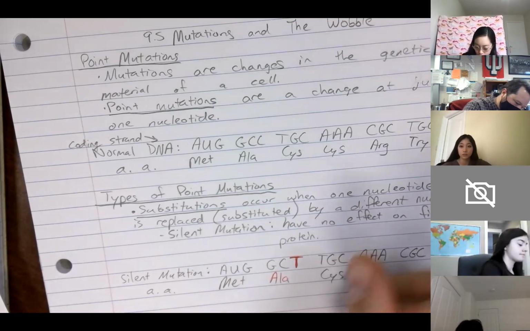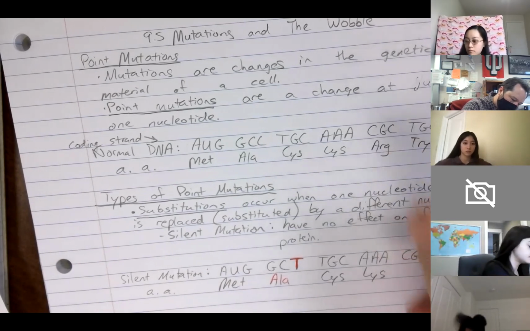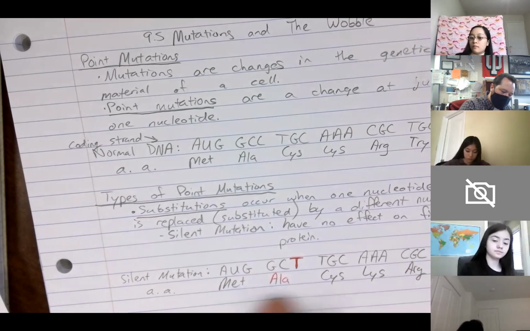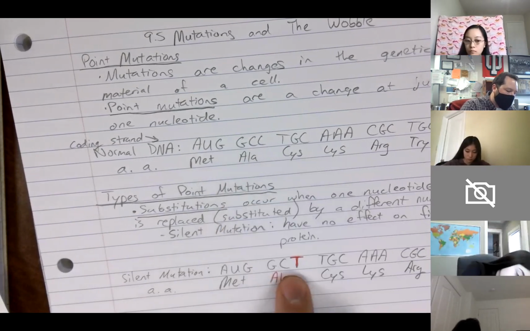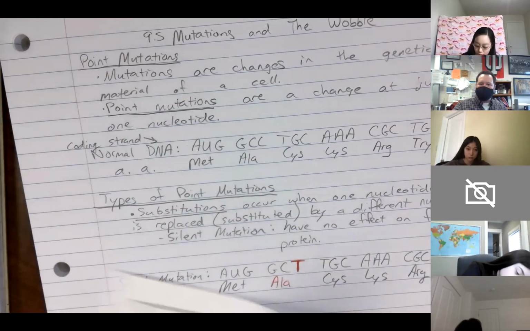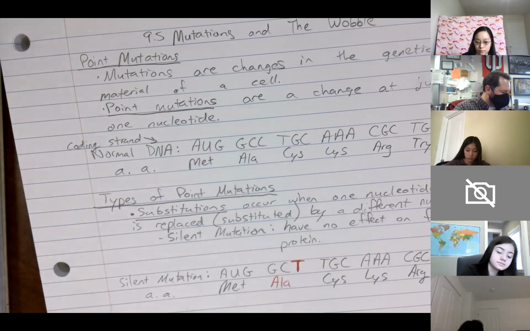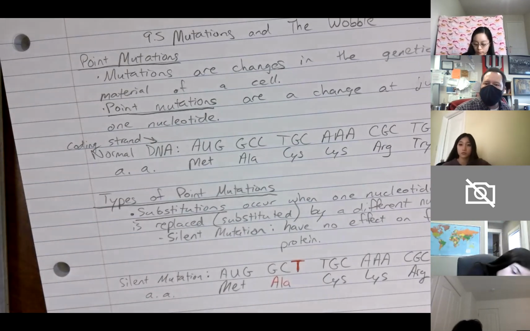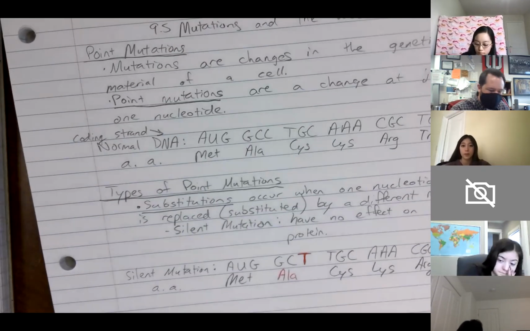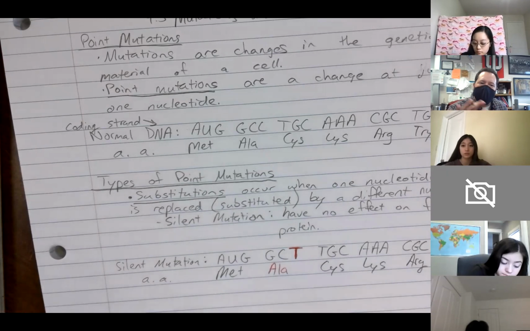This is still cys, lys, arg, and tryptophan. So again, nothing happened. We had a mutation, we had a change, but nothing happened. Silent. You'd never even know it's there. Kind of like a tree falling in the forest, and no one's there to hear it. Silent.